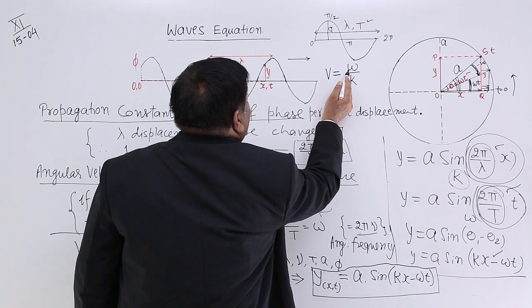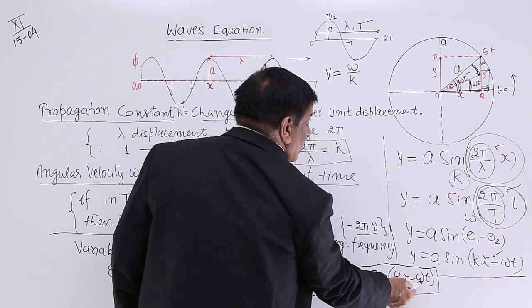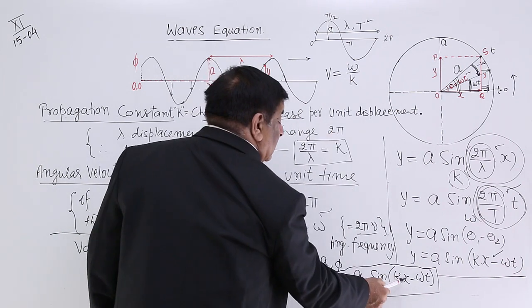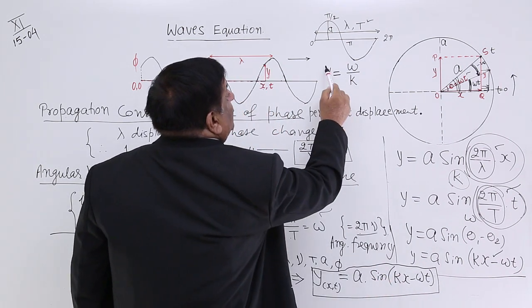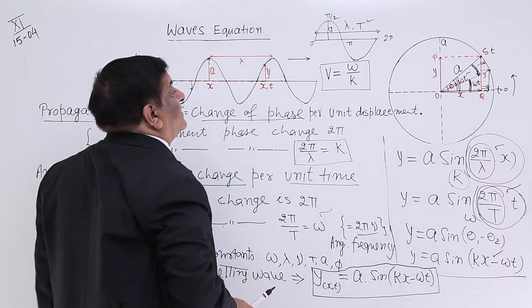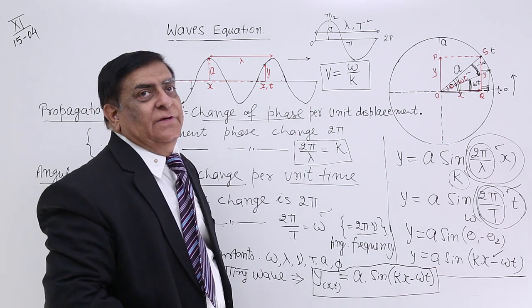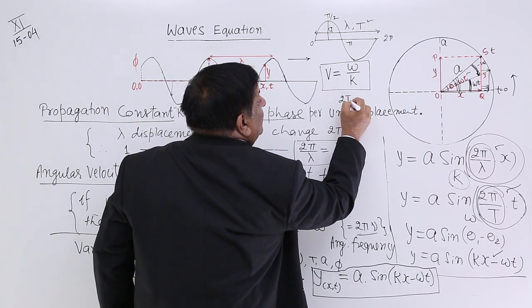Omega, whatever is multiplied with t is omega. Whatever is multiplied with x is k. So when these two quantities we divide, what do we get? Velocity. How? What is omega? 2 pi nu.